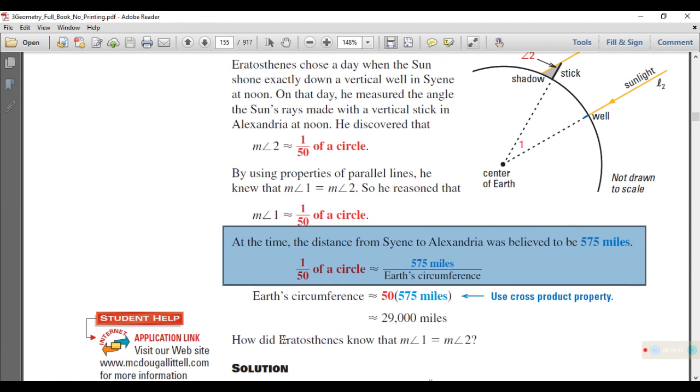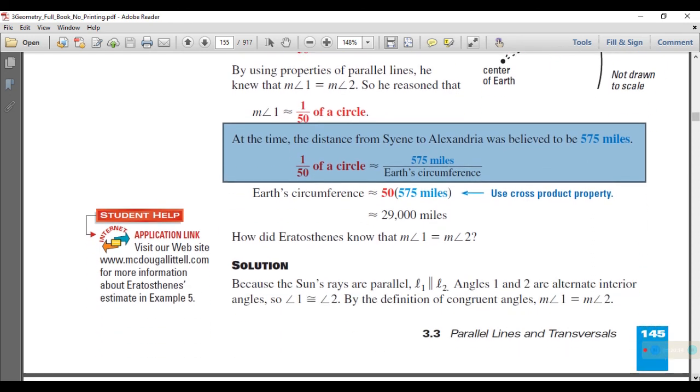So, how did Eratosthenes know that the measurement of angle 1 is equal to the measurement of angle 2? Na-explain ko na siya kanina. Pag ito ay in-extend mo, itong dalawa, line 1 and line 2, and also the stick you erected, if you extend it as well, you will have a transversal.